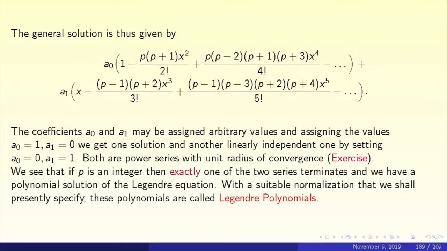They will be linearly independent because neither of these functions is identically 0. So you got two linearly independent solutions of the Legendre's differential equation, and they form a basis of solutions. Now these are two power series.